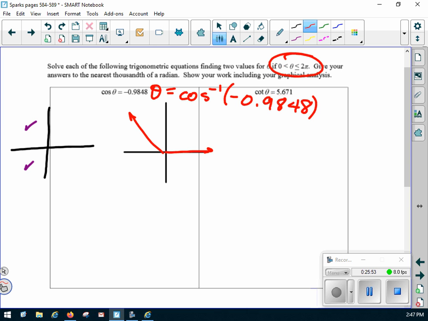What did you get? What quadrant's that in? That's radians, right? What quadrant's that in? Why?